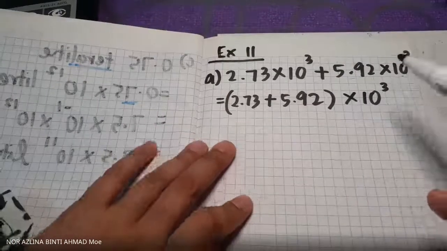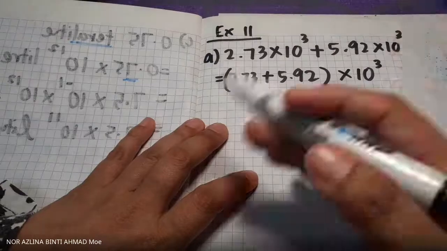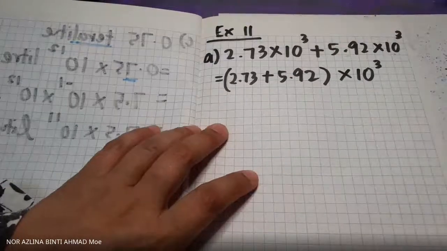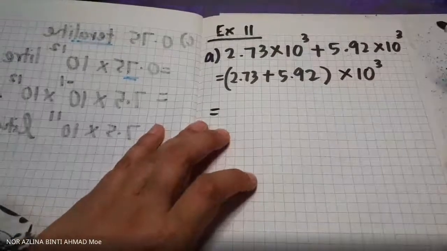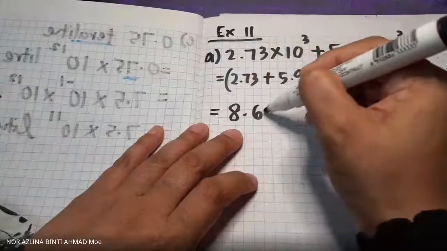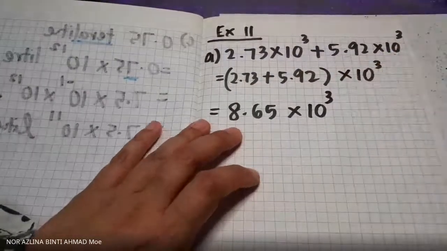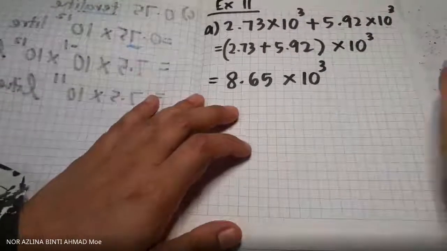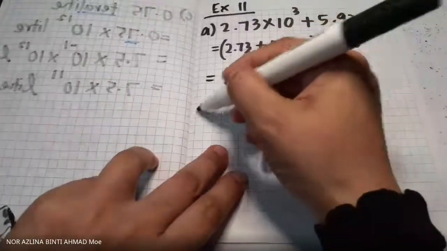So means we factorize 10 to the power of 3, but we put 10 to the power of 3 behind, at the right hand side. So now 2.73 plus 5.92, you will get 8.65 multiply 10 to the power of 3. Okay, you get the answer in standard form. Next, B.